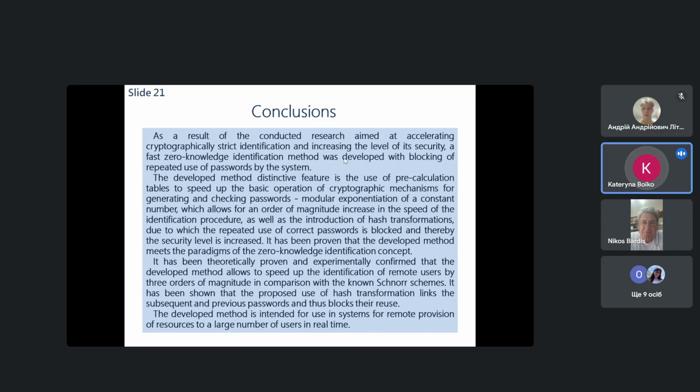Yes and no. The main problem of existing methods is that the methods of zero knowledge identification that have good protection are not fast enough, and the fast methods, with weak cryptographic security, are very fast but don't provide a good level of protection.